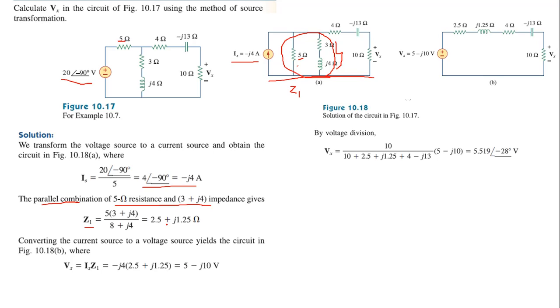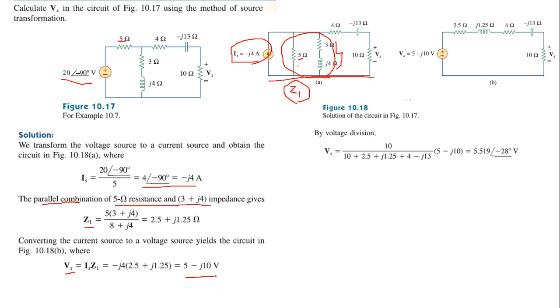Next, again we have a current source in parallel with this impedance Z1. That can be converted back into a voltage source. How can we find the value of the voltage source? V is equal to I into R. The I value is Is, which is minus J4, multiplied by Z1, and that gives the value of Vs in this circuit.